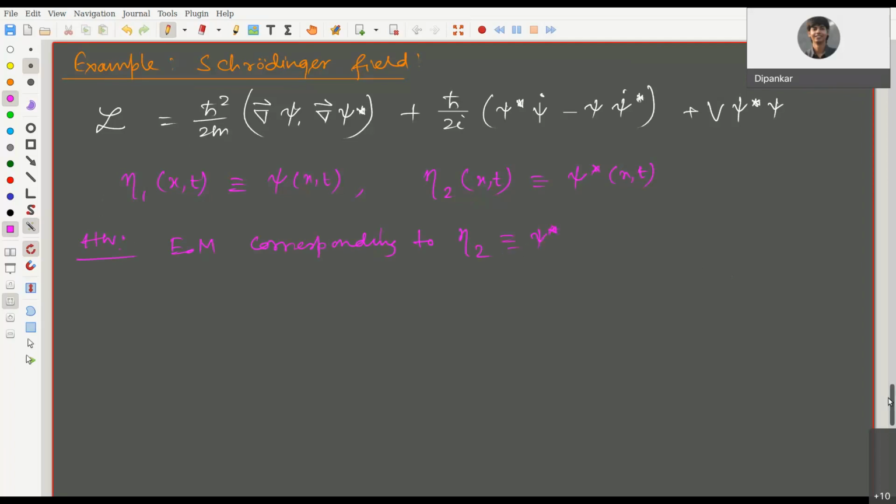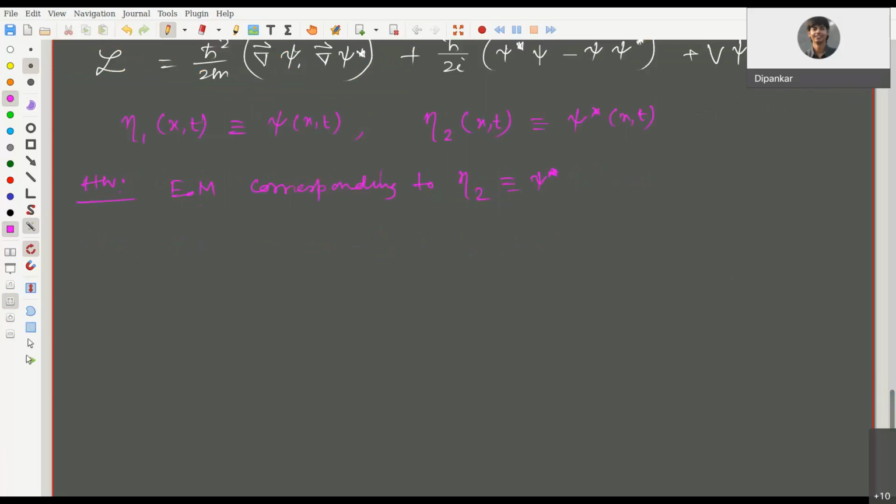If you calculate it, you will precisely get the Schrodinger equation for psi: minus h bar squared over twice m del squared psi plus V psi equals i h bar del psi del t. You can just check that. And if you find the equation of motion corresponding to eta 1, you will get the complex conjugate of the Schrodinger equation.